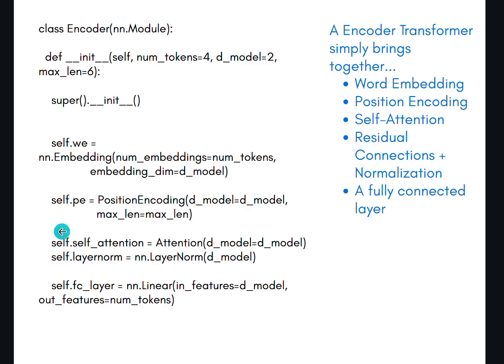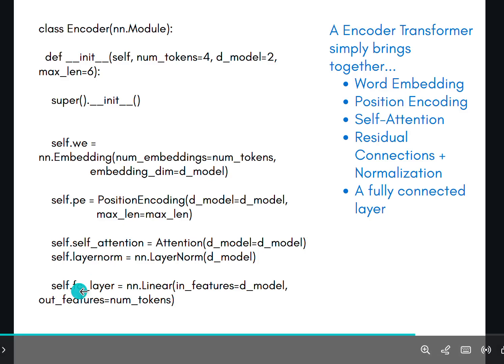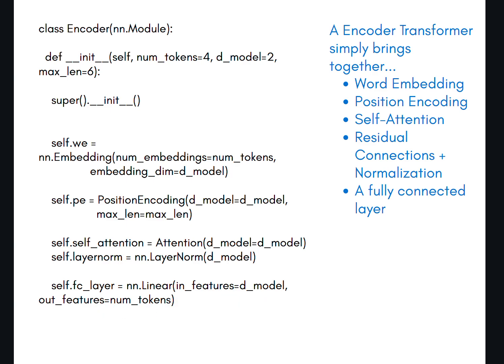Then we have self-attention. So in the attention module, d_model equals d_model, and in layer norm, it's the d_model, the same dimension that we are passing. So in the fully connected layer, a linear with in_features equals d_model, out_features equals num_tokens, the number of tokens.